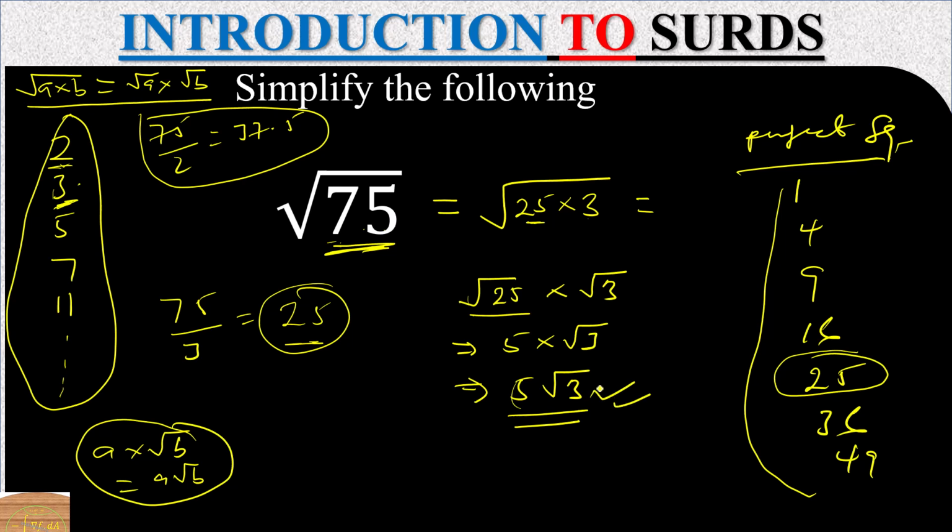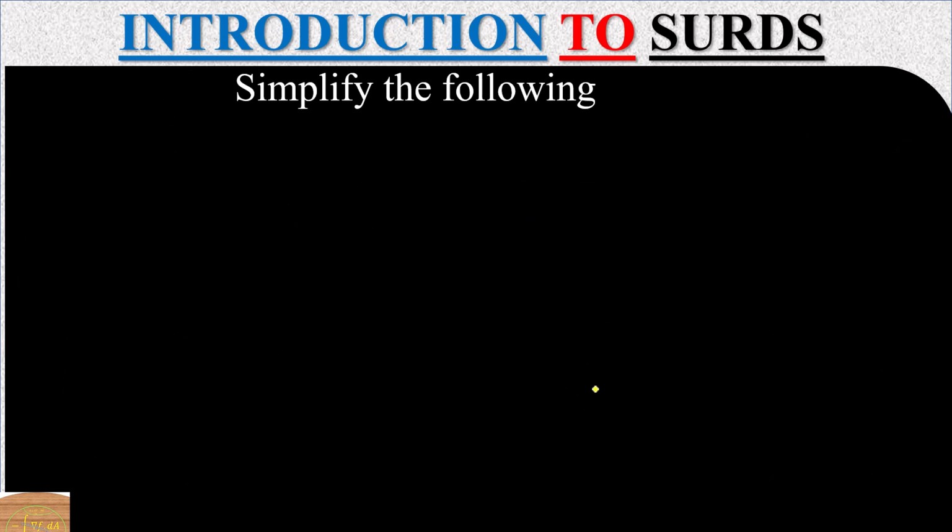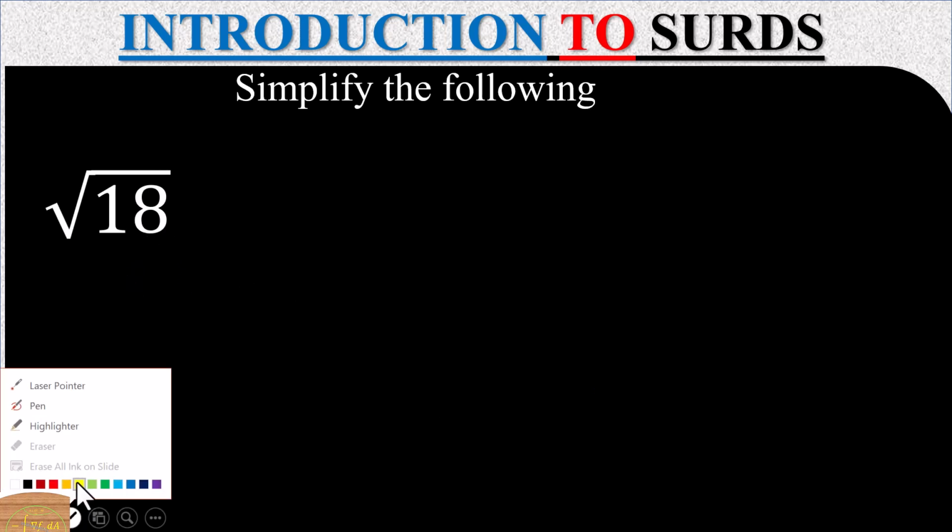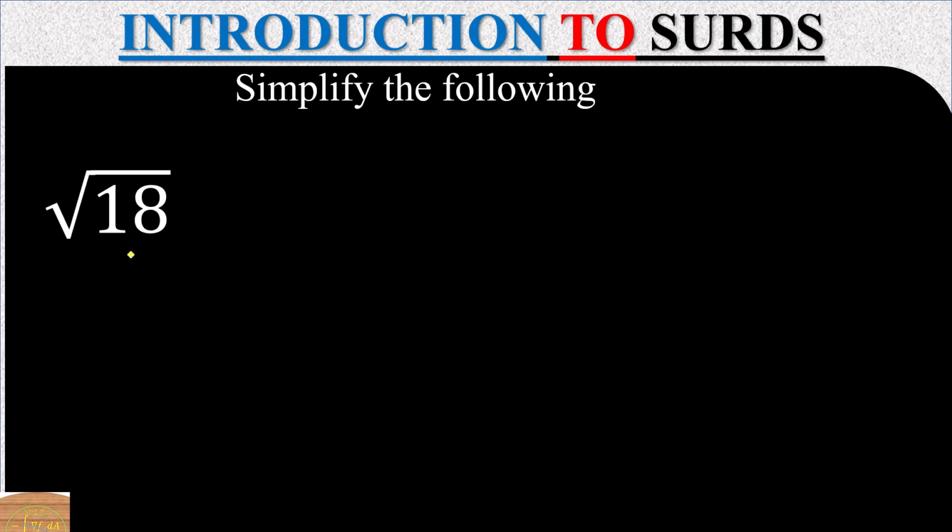All right, now let's look at the next example. We have √18, so let's try this. Let's divide 18 by 2. 18 divided by 2 is 9. Okay, 9 is a perfect square, so we are using that.